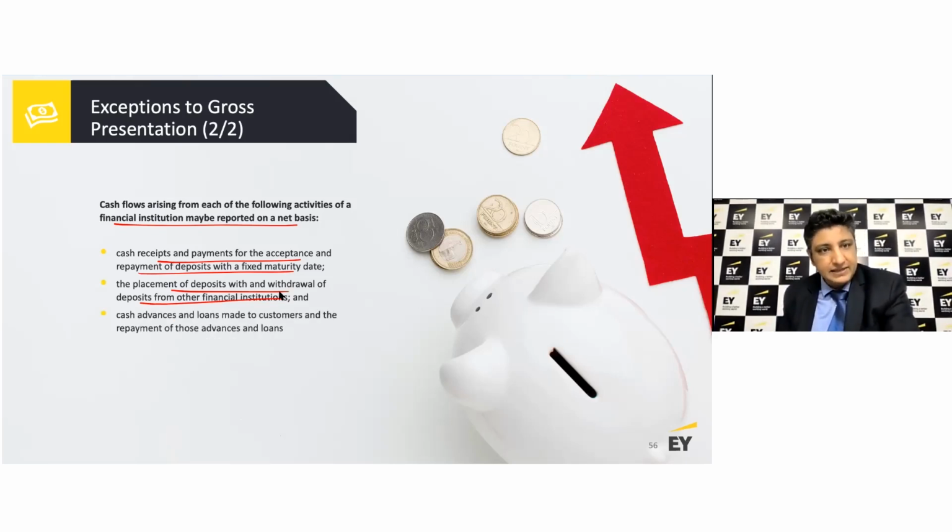The same would apply to cash advances or loans made to customers and the recovery of those. That is how you start looking at net presentation rather than gross presentation. For any other entity at large, a gross presentation is mandatory.